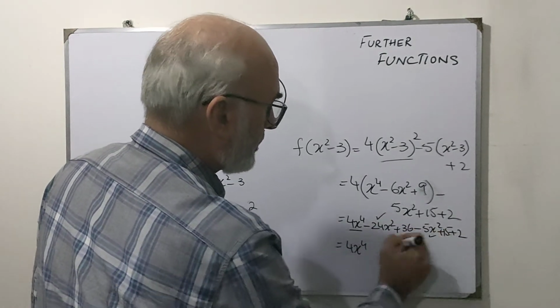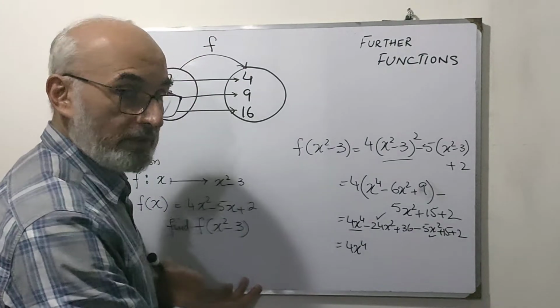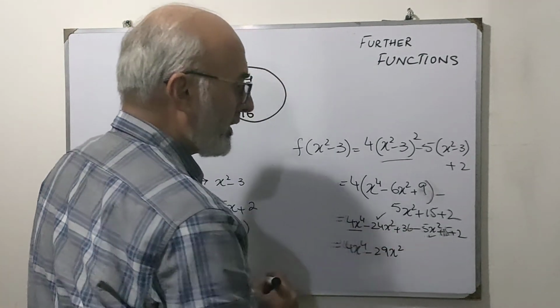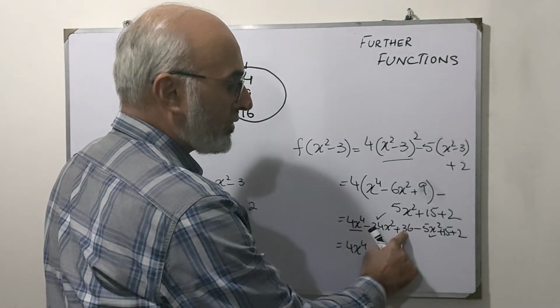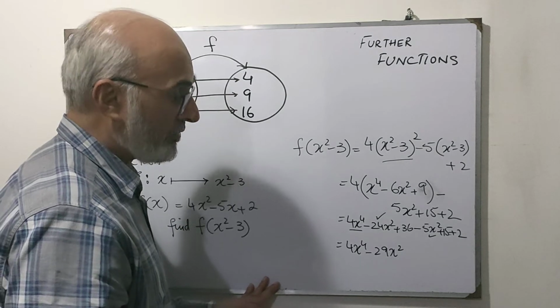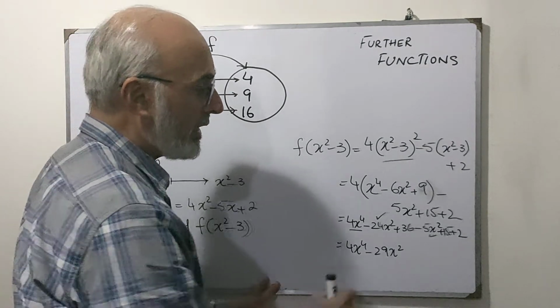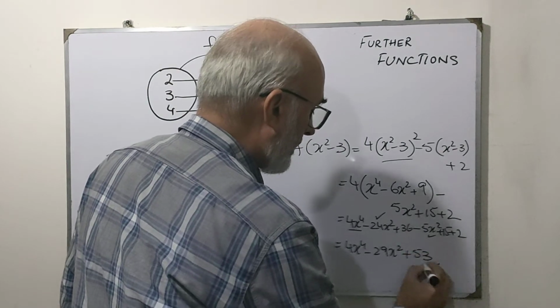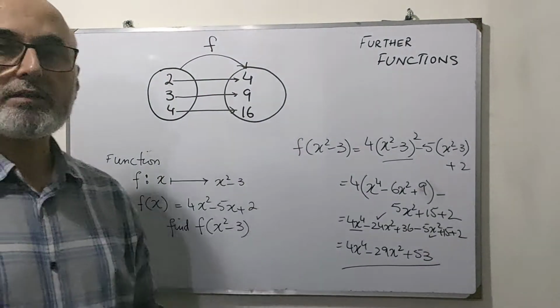This and this both are x square terms, so this is minus 29x square. And then what we have? 36 plus 15, it's 51. And 51 plus 2 is 53. So after simplifying, this is the result.